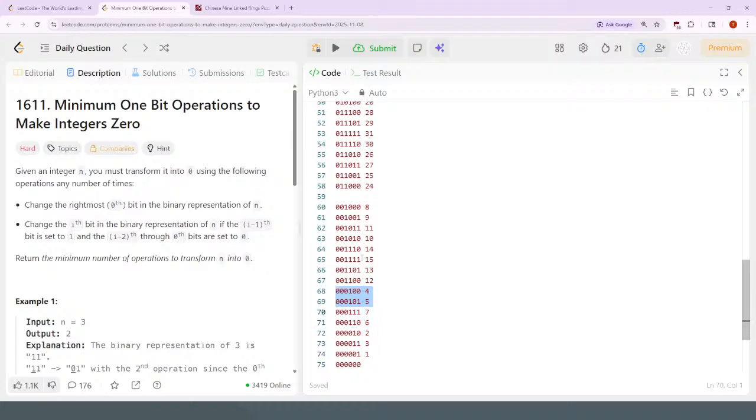Wait, what happened here? From 7 to 4. Is that right? What's going on here?